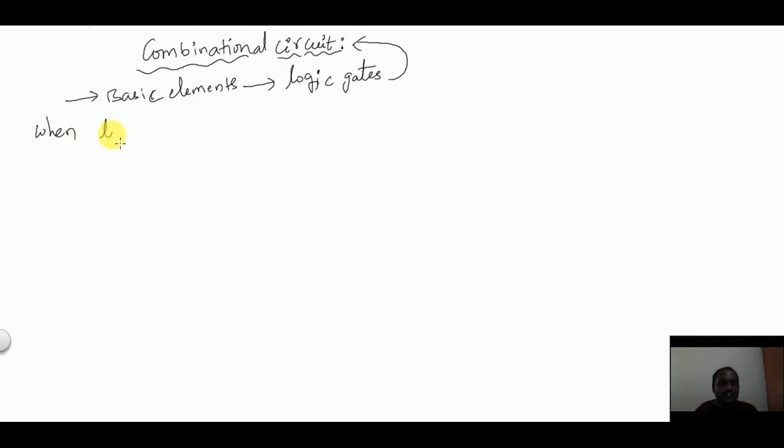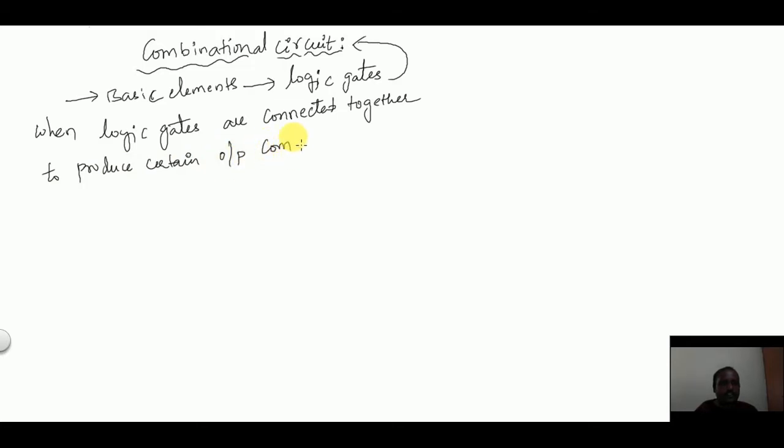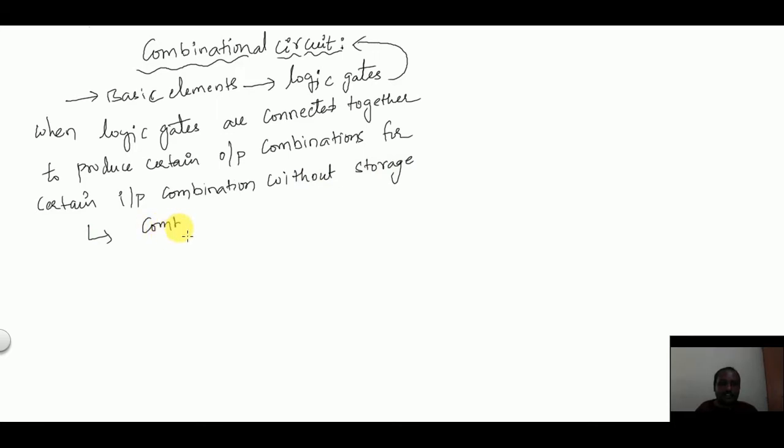When logic gates are connected together to produce certain output combinations for certain combinations of inputs, without storage, then such a type of circuit is called a combinational circuit.